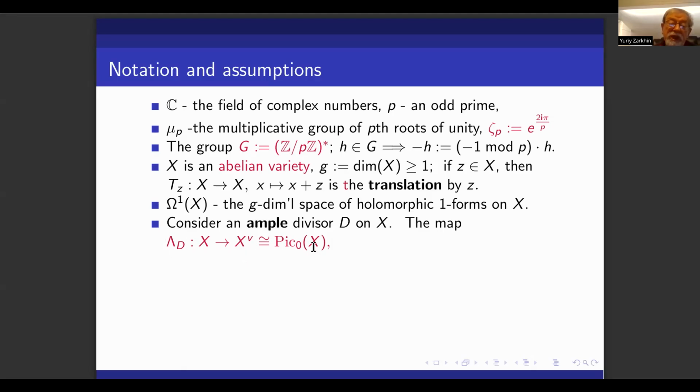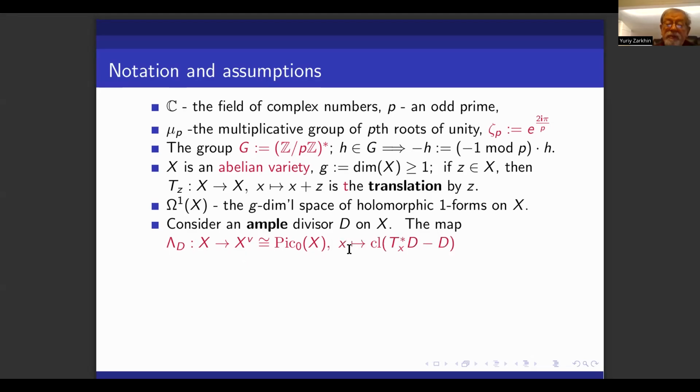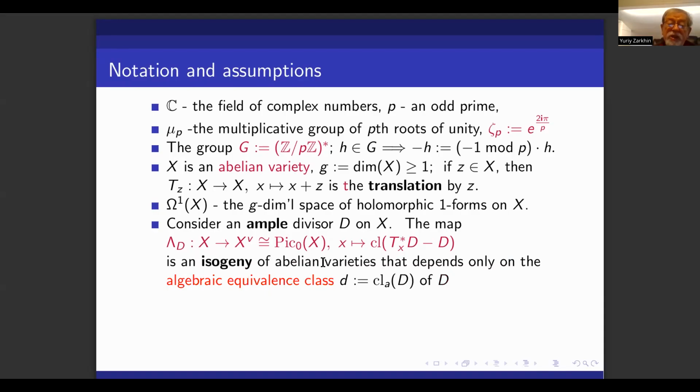Let me denote it by lambda_D. That maps as follows: if you take a point small x on our capital X, we take the inverse image of our divisor D under the translation, subtract D, and take its linear equivalence class. So this map is an isogeny of abelian varieties that depends only on the algebraic equivalence class of our divisor D.